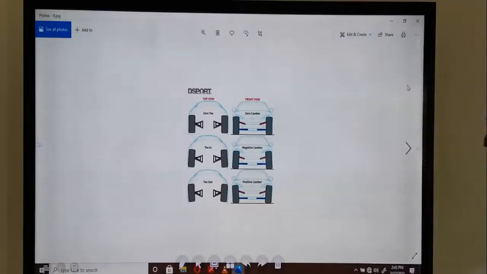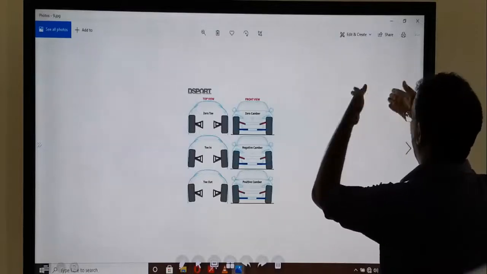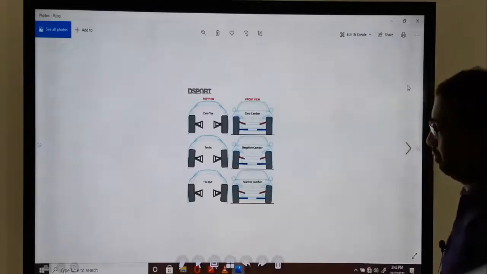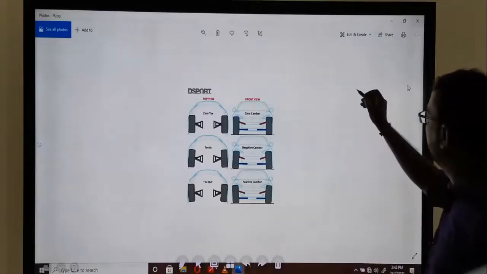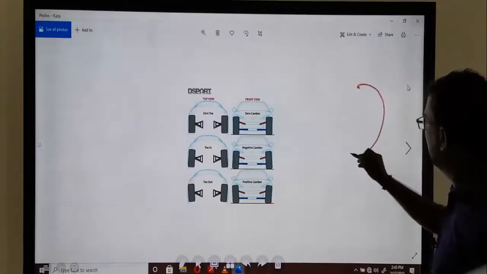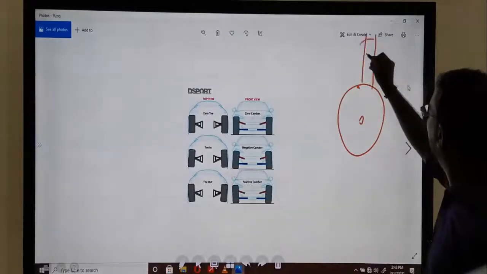Caster: there are 3 types of alignment. Caster means the wheel moves to the front or back. Normally this is the wheel, and the shock absorber is like this, with the coil spring.